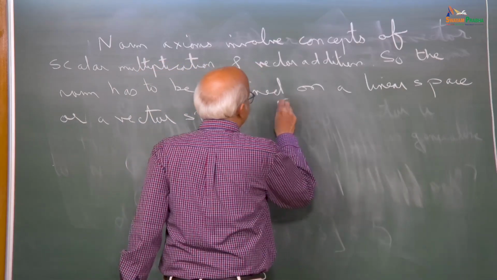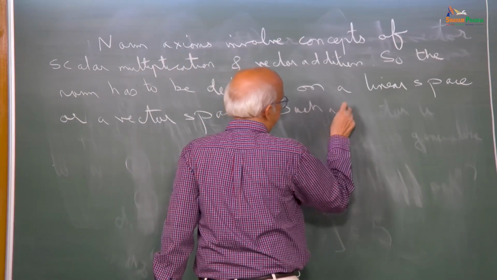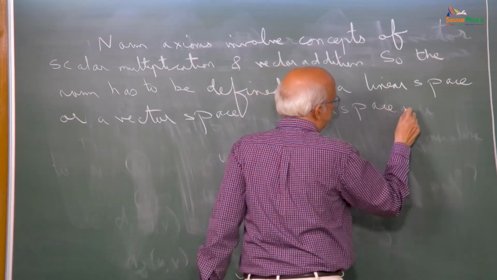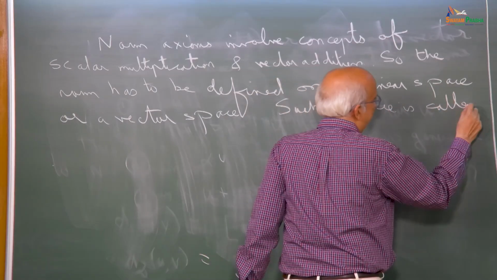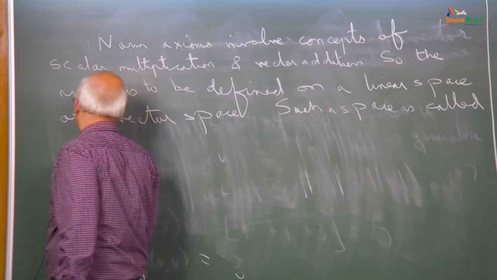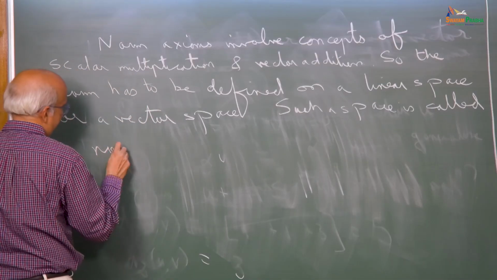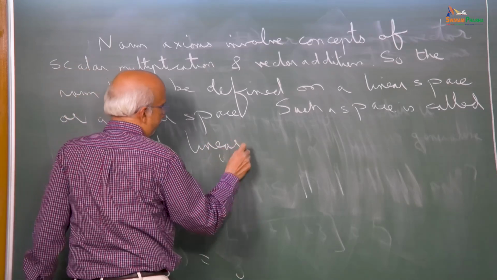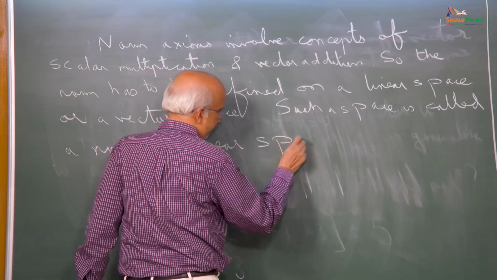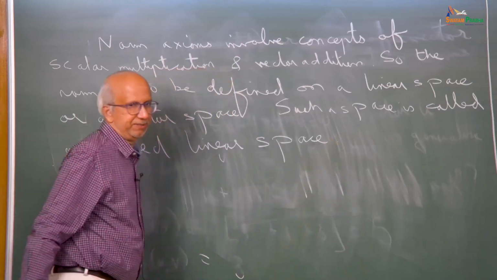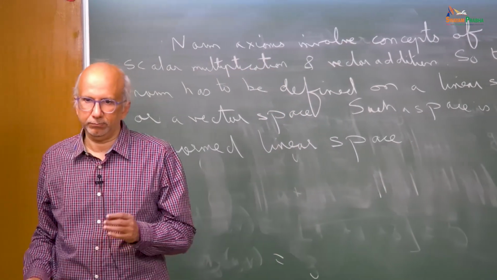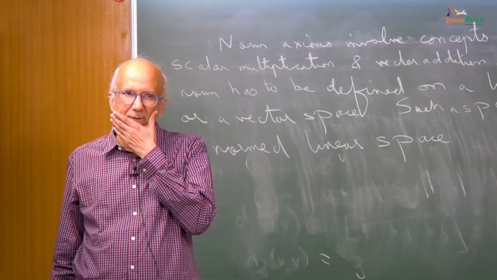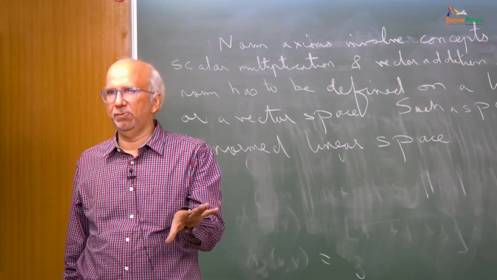So, such a space is called a normed linear space. Okay, it is a linear space, norm is defined on it.